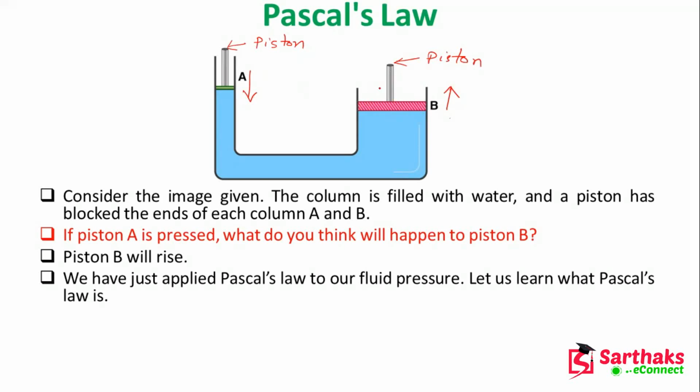If I roughly draw this diagram, the piston is here, and piston A will be here and piston B will be here, right? Previously in this figure, what happened? Piston A was at a higher position than B. Now after pressing, piston A is at a lower position than B.